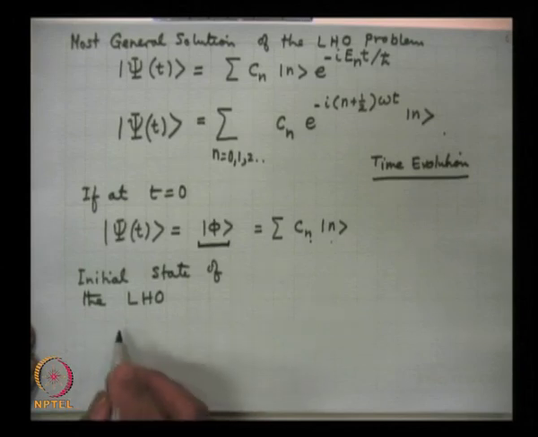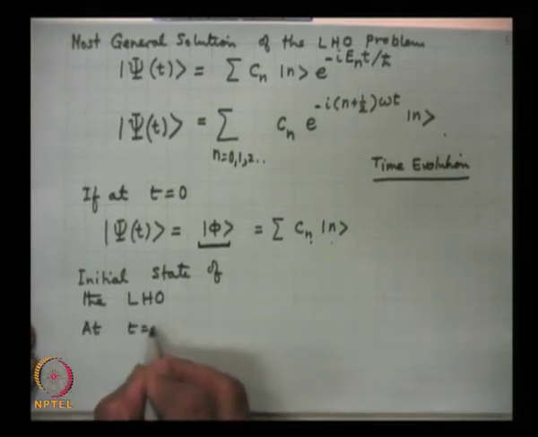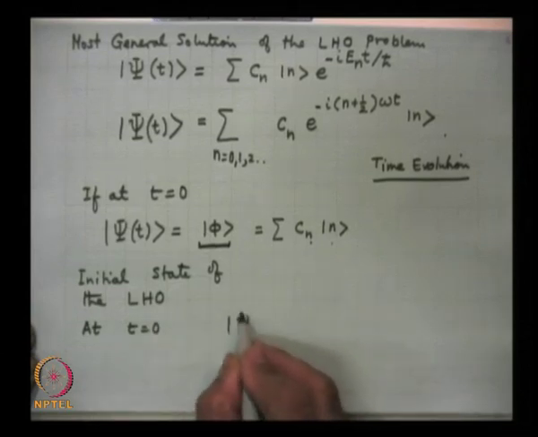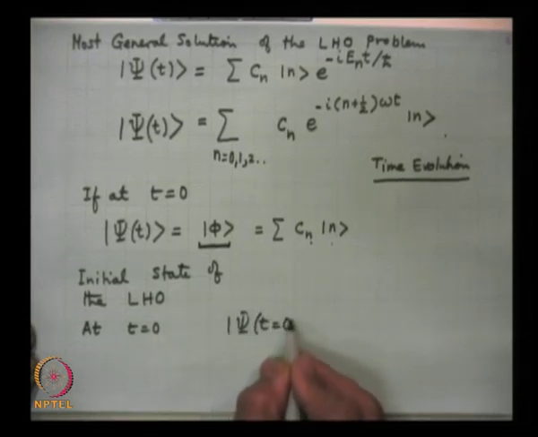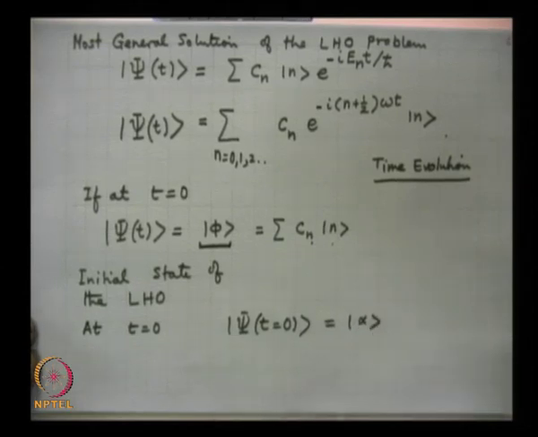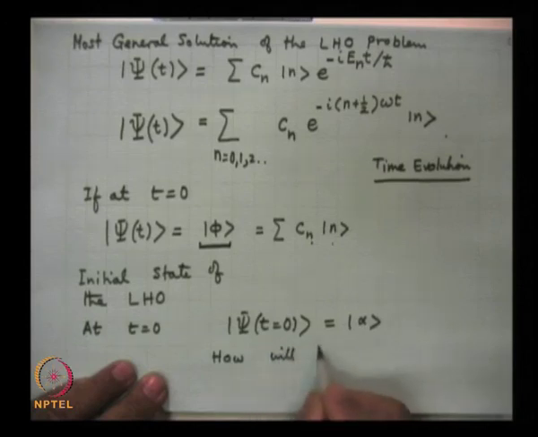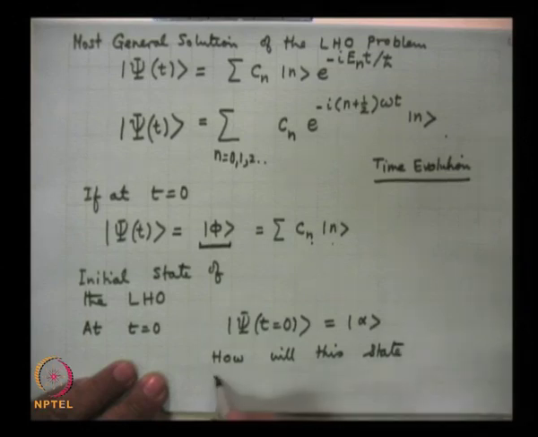So, let us suppose that psi at t equal to 0 is the coherent state, one of the eigenstates of the operator A, and I ask how this state will evolve with time.